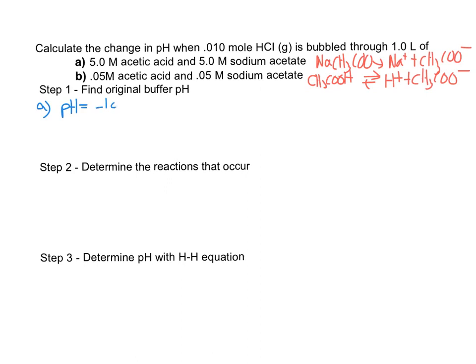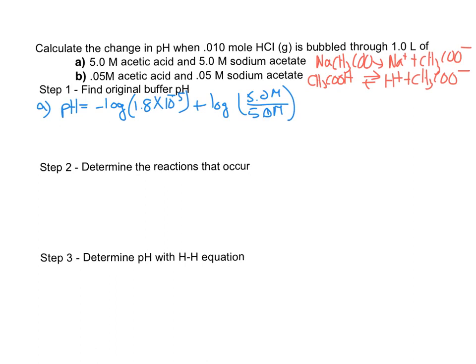pKa is negative log of the Ka, which probably by now you know what the Ka for acetic acid is, 1.8 times 10 to the negative fifth, plus log of my conjugate base, which is in this case the sodium acetate, it's 5.0 molar, over the concentration of the acid, which is the acetic acid. It is also 5.0 molar.